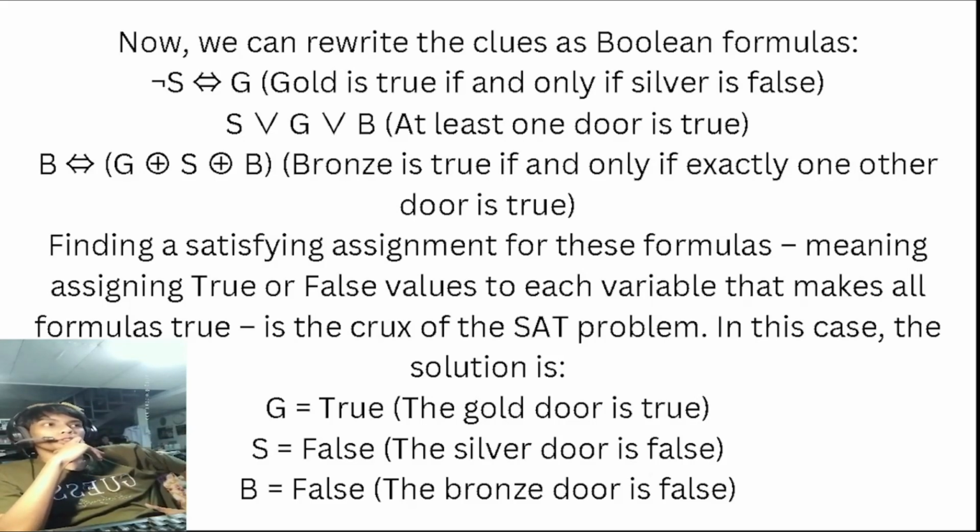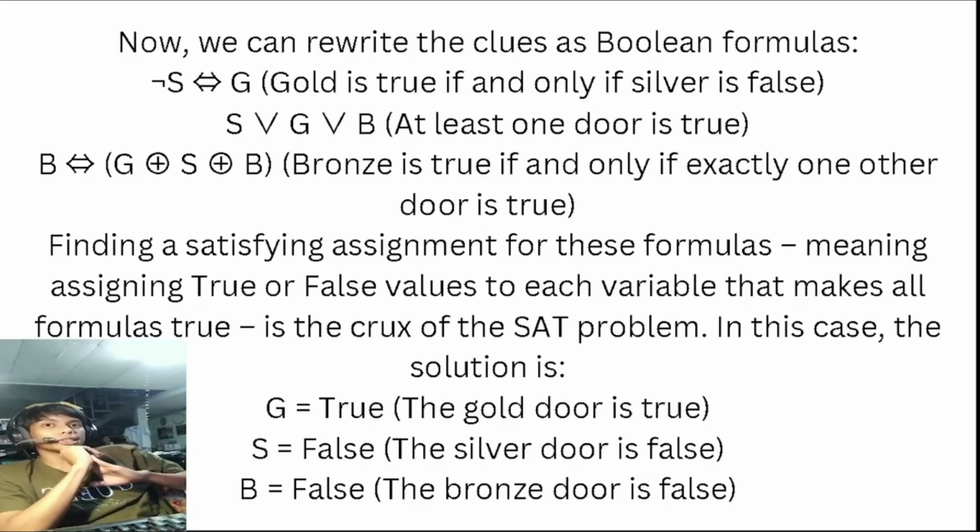The first one is that G is true if and only if S is false. Or you could say that S is false if and only if G is true. The next example is a disjunction between the three variables, and it means S or G or B is true, and it translates to at least one door is true.